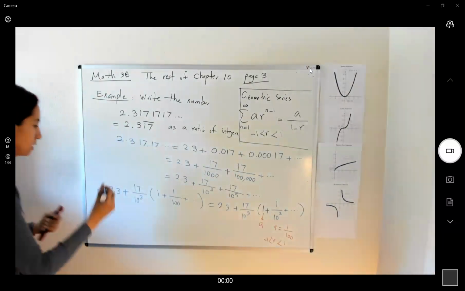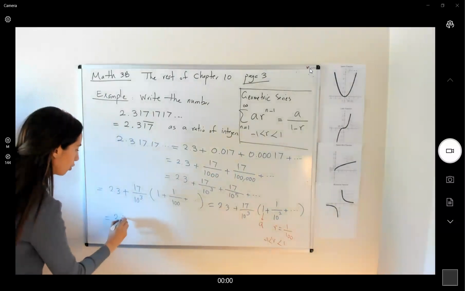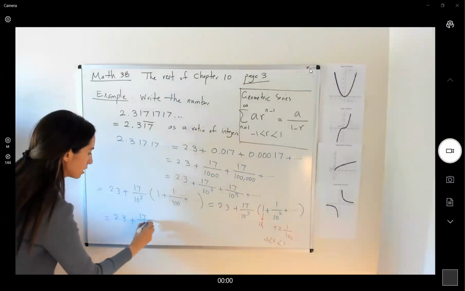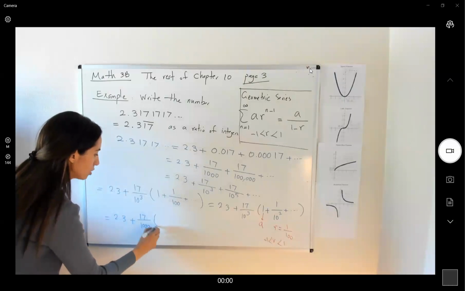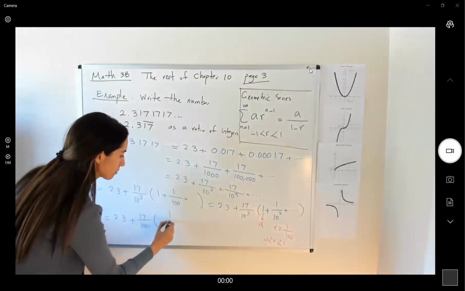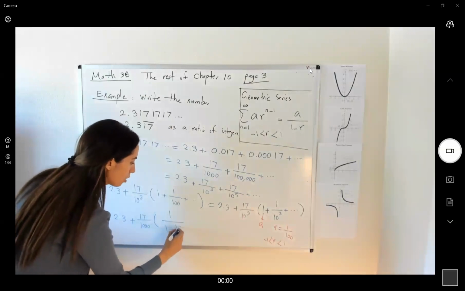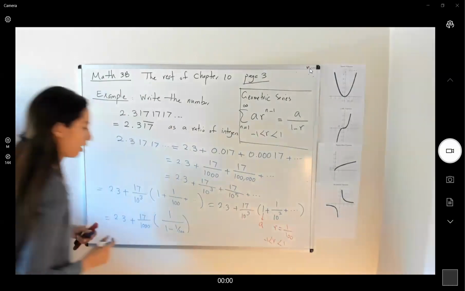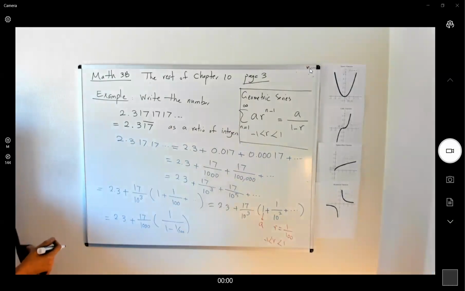So the sum is equal to 2.3 plus 17 divided by 1,000 times A, which is 1, divided by 1 minus R, which is 1 over 100. Okay, now we have to do the algebra.